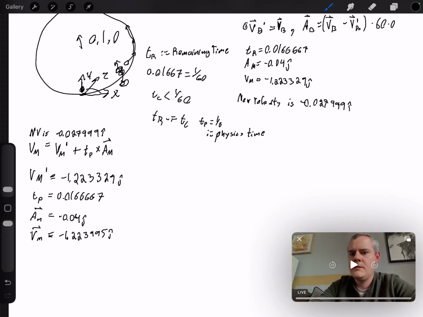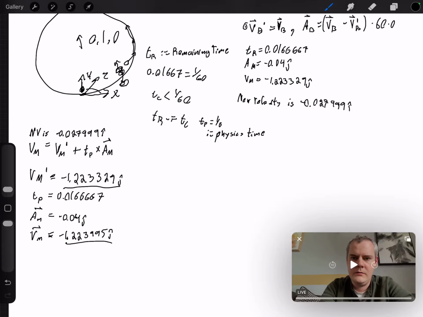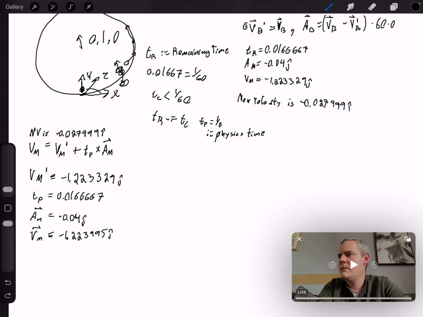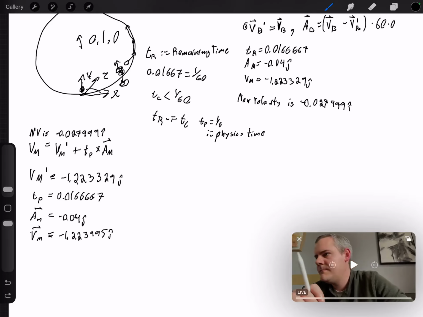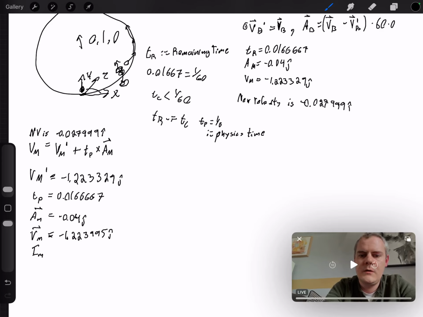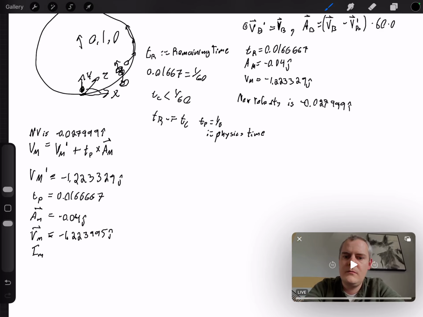Okay, I can believe that. This number is more negative than this number. So it does seem to be accelerating downward. What else do we see? New position. What do I call the new position?